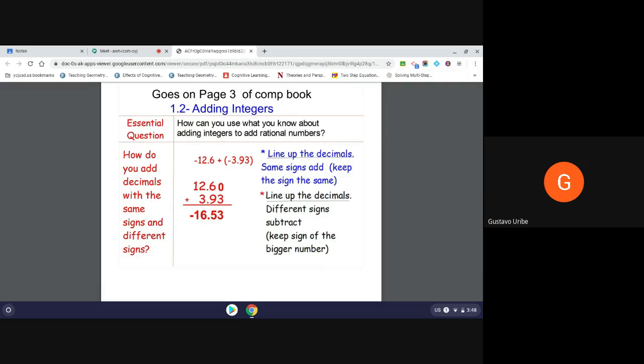Now, to go more into detail as to why we keep the sign the same, it is kind of like if you're adding, let's ignore the decimals for a sec. Let's say you had 12 apples, and I give you 3 more apples. Well, you would have 15.